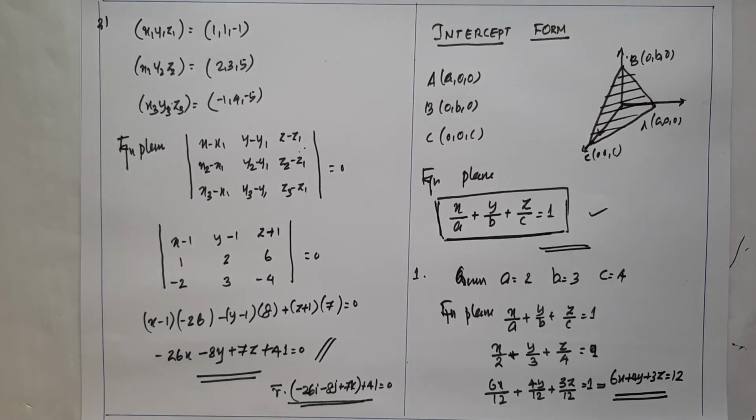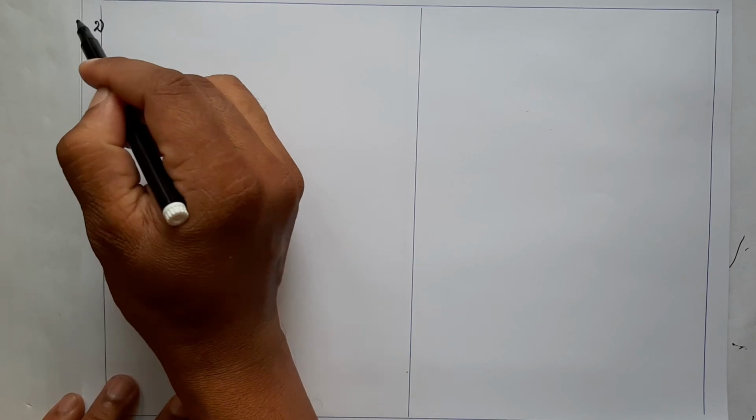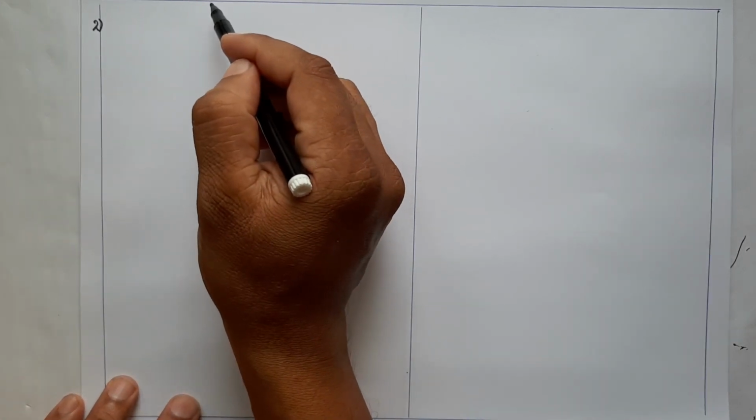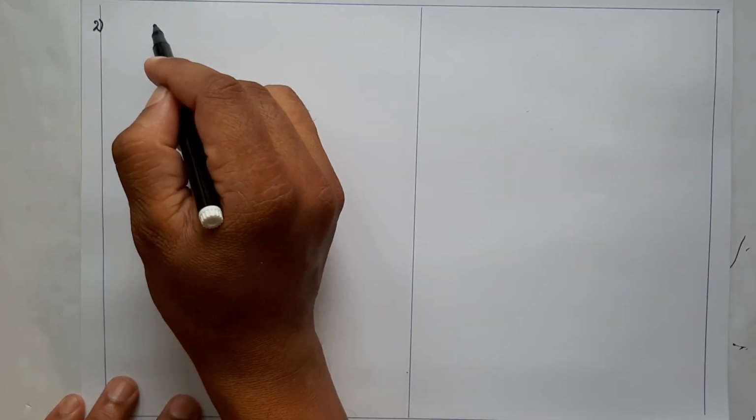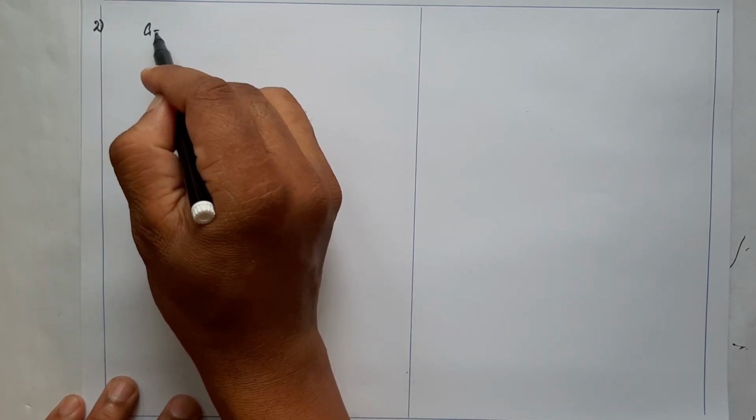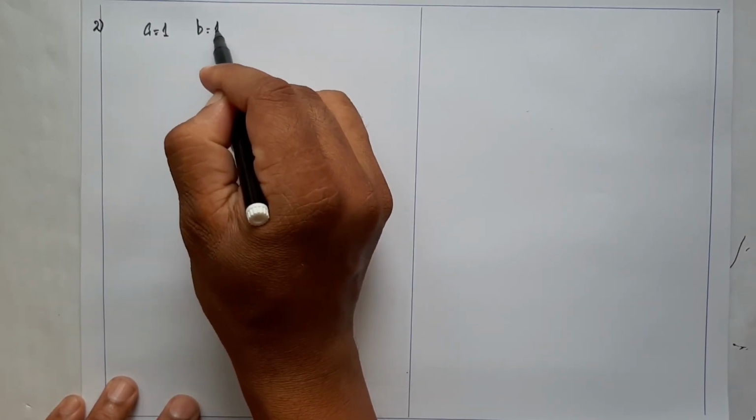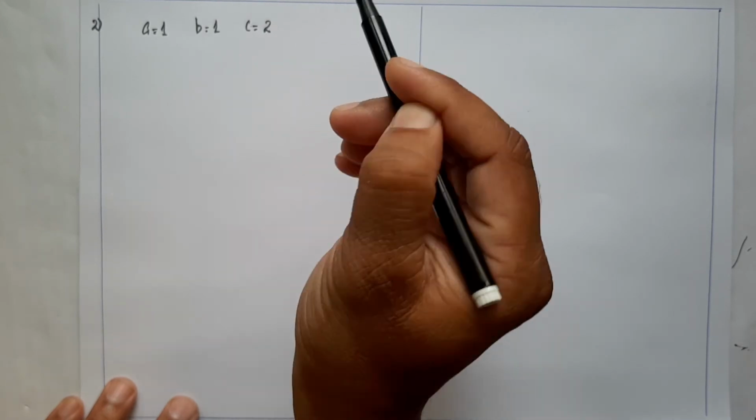Okay, it's a very simple question. Now discuss one more question. Find the equation of the plane which intercepts on the x, y, z axes at 1, 1, 2. That is a is equal to 1, b is equal to 1 and c is equal to 2.